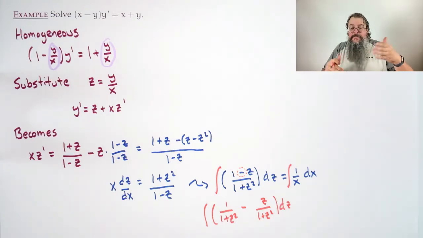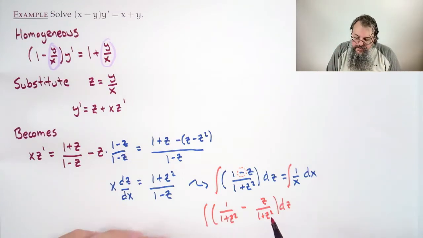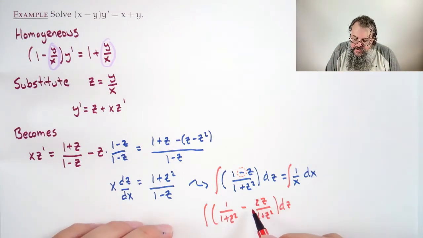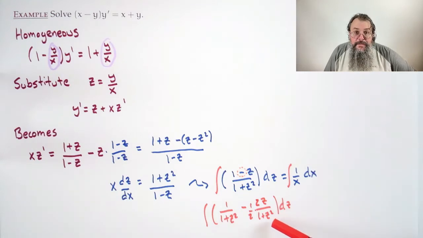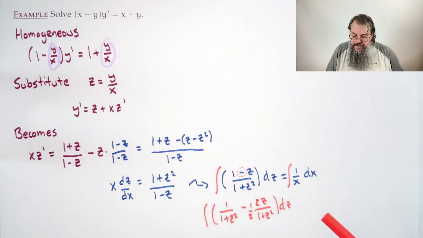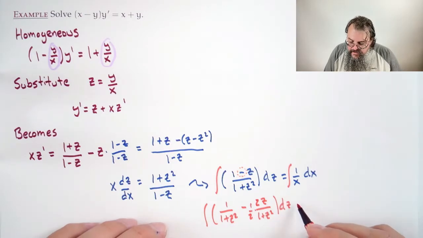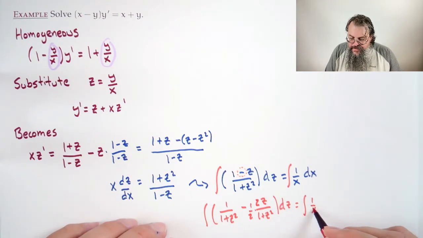Now, just in anticipation, because we've seen integrals like this before, we're going to put a 2 and a 1/2. So notice 2 and a half, they cancel out. And why did we anticipate? Well, if you let u equal 1 plus z squared, du is 2z dz. So it's like a 1 over u du. This is an arctangent, which we know. And of course, the integral of 1 over x, well, hey, we know that too.